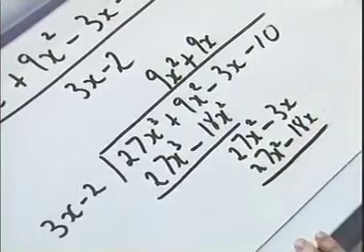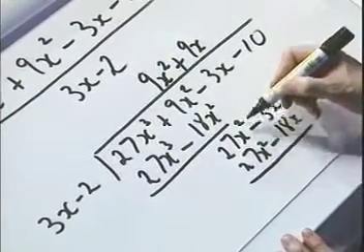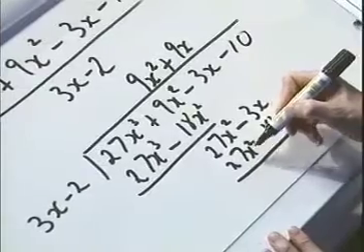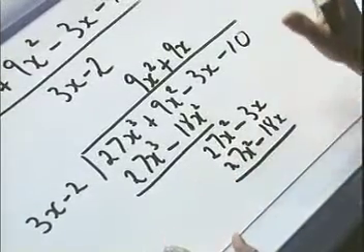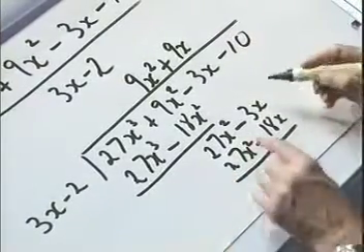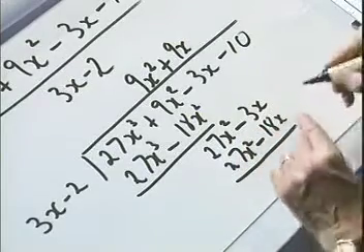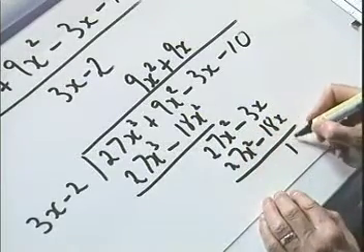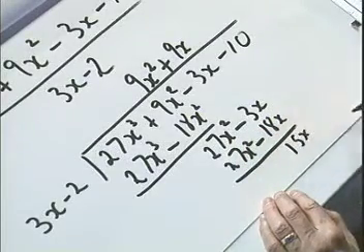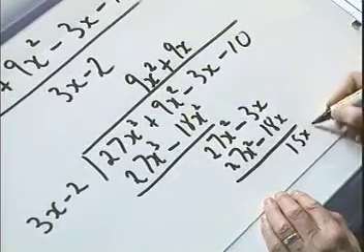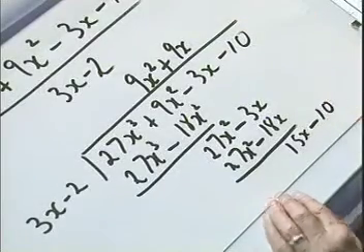And we subtract again. 27x squared take away 27x squared. No x squareds, but we arrange for it to be like that. Minus 3x minus minus 18x. Well, that's going to give us plus 15x altogether. And then we bring down the minus 10.